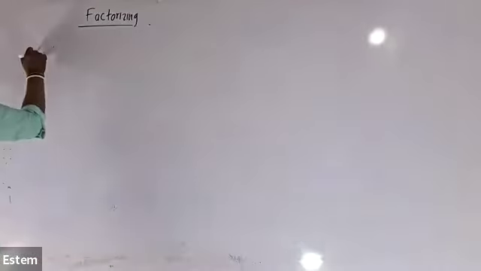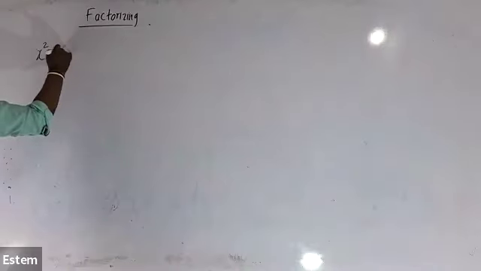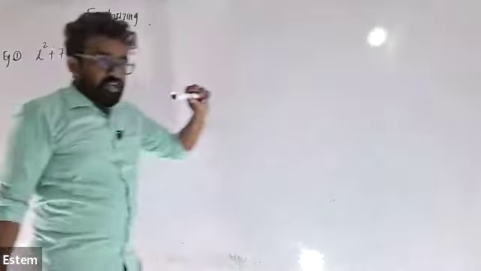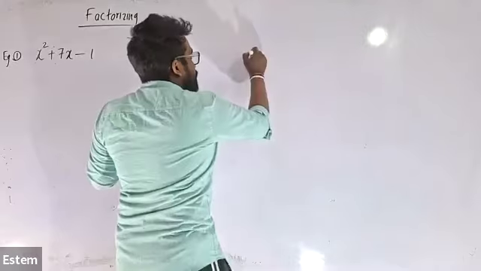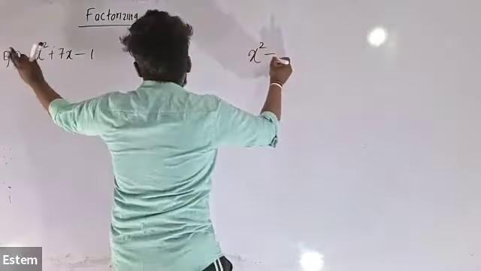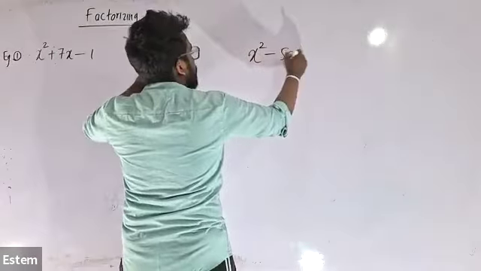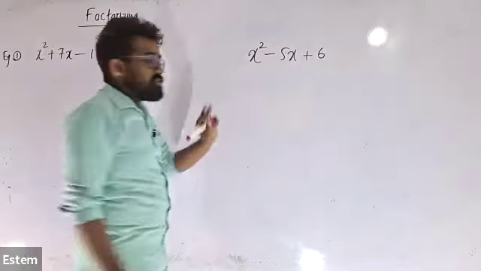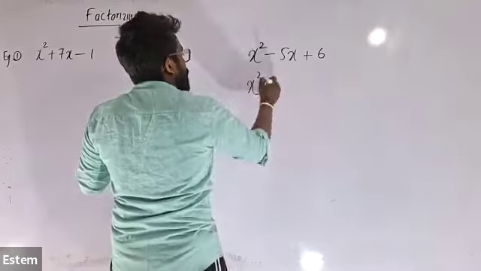Okay, check this. x squared plus 7x minus 1. For the first example, I will do it for you. Don't think about that. x squared minus 5x plus 6. We can easily factorize this. How?